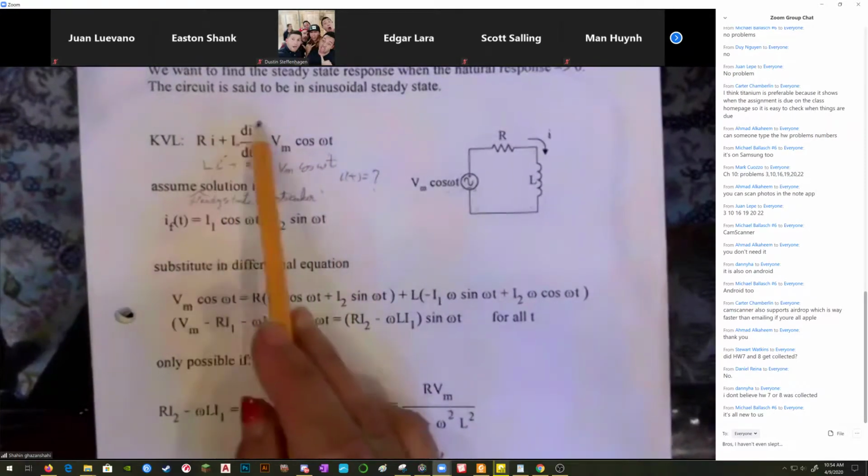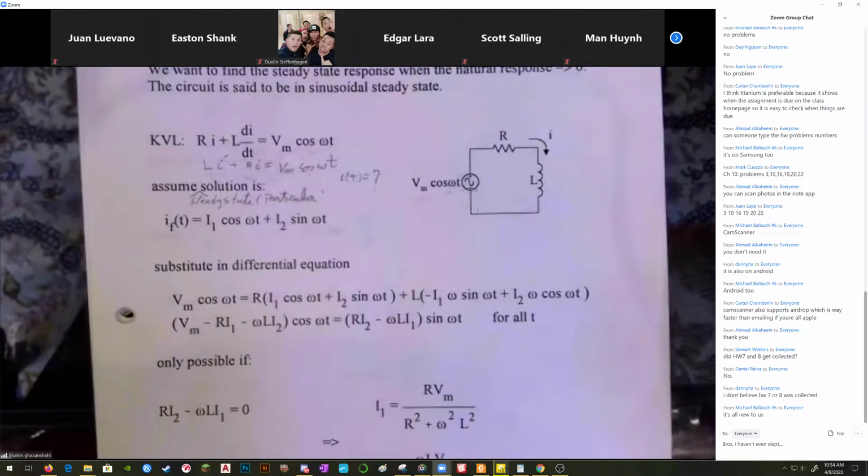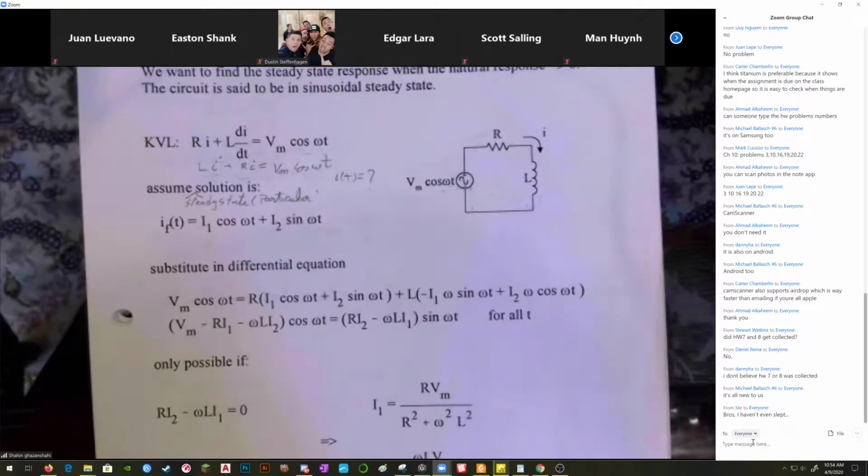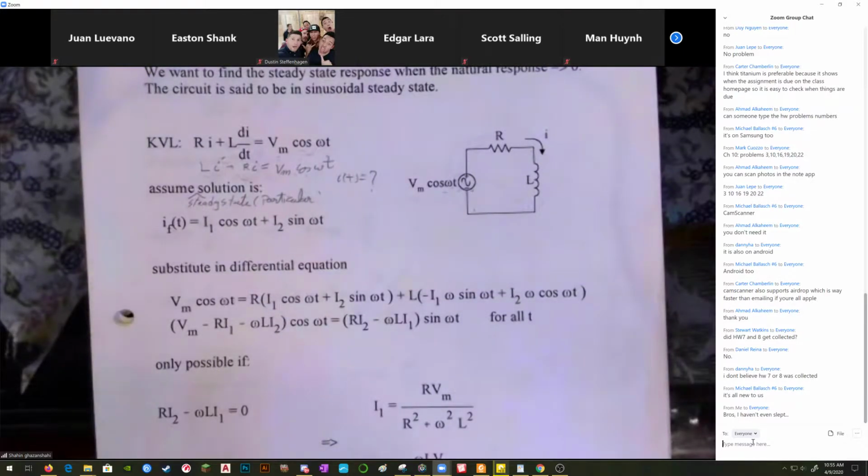We are just interested in the steady state solution, okay? Not the transient, not the exponential function. When we're doing the sinusoidal, we just want to calculate the steady state, the particular, final solution.